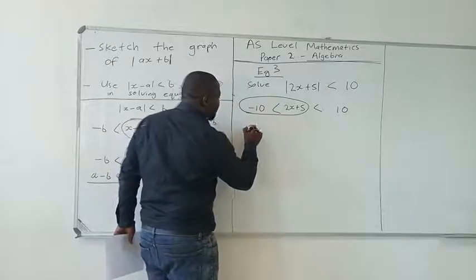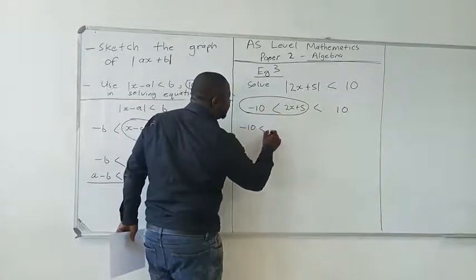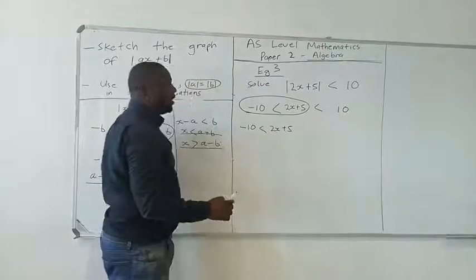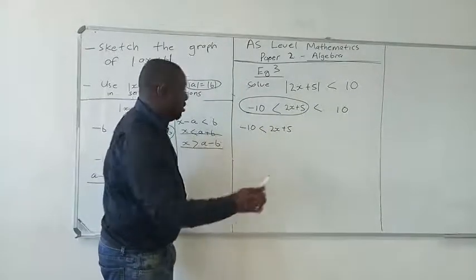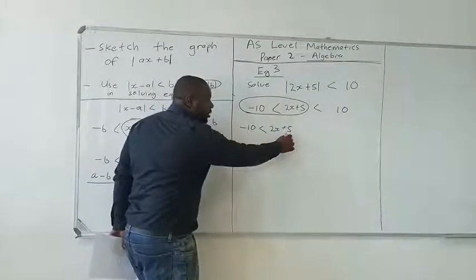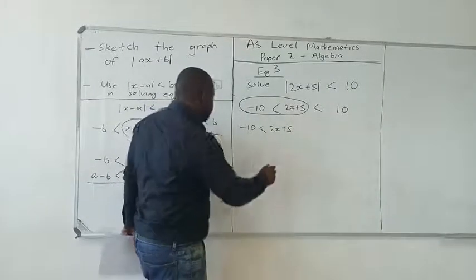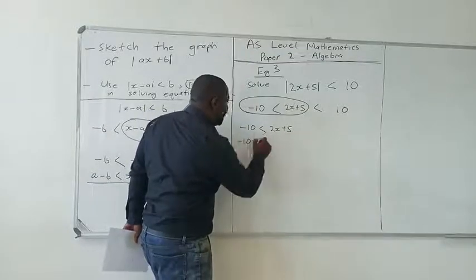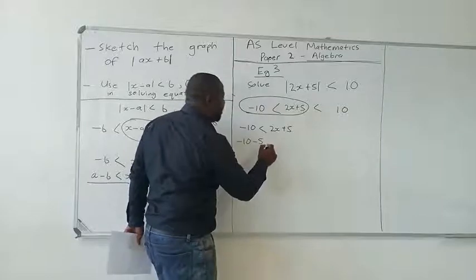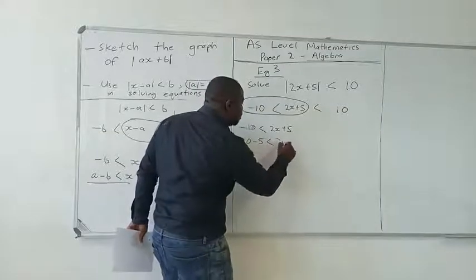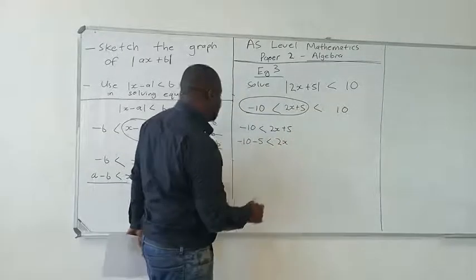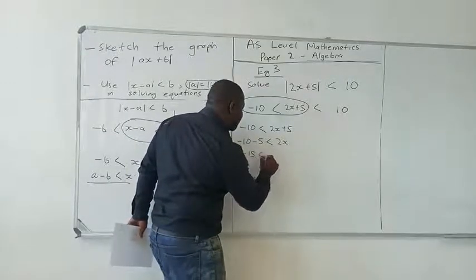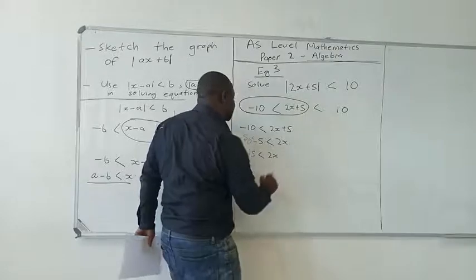The first one is minus 10 is less than 2x plus 5, right? And then we take the 5 to the other side, it becomes minus 10 minus 5 is less than 2x, and this becomes minus 15 is less than 2x.